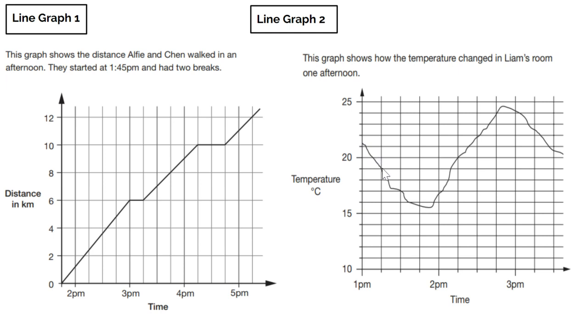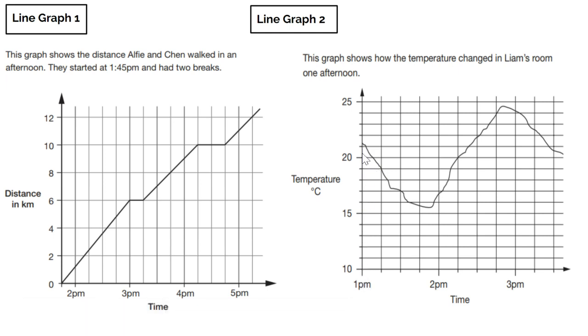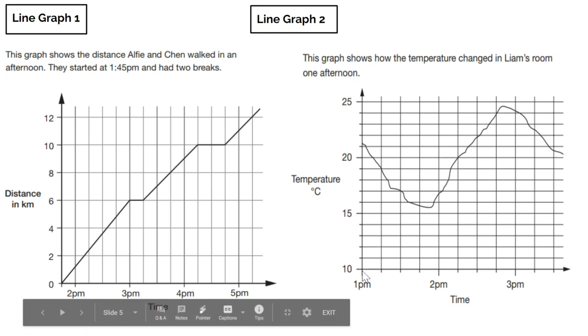So we know that at 1 p.m. it was just over 21 degrees Celsius. Then if we go up to this part here, it's somewhere between 1 and 2. But if I go 1, 2, 3, 4, I can split that into 4, so that's 1:15.